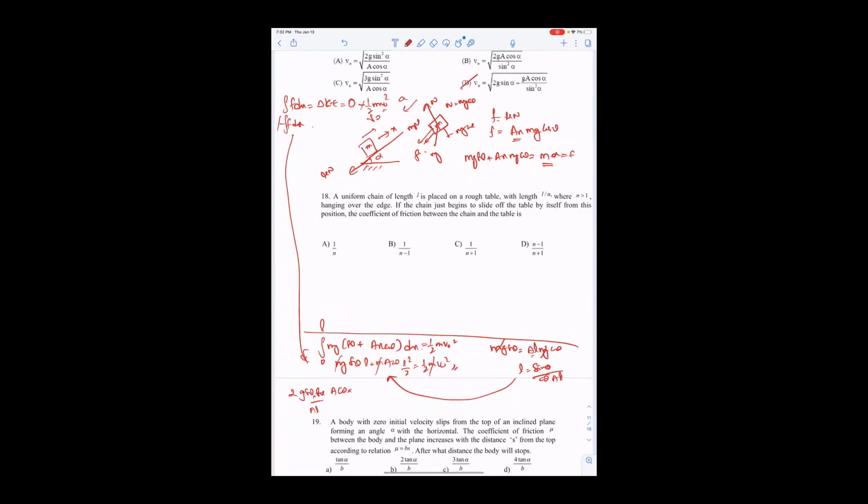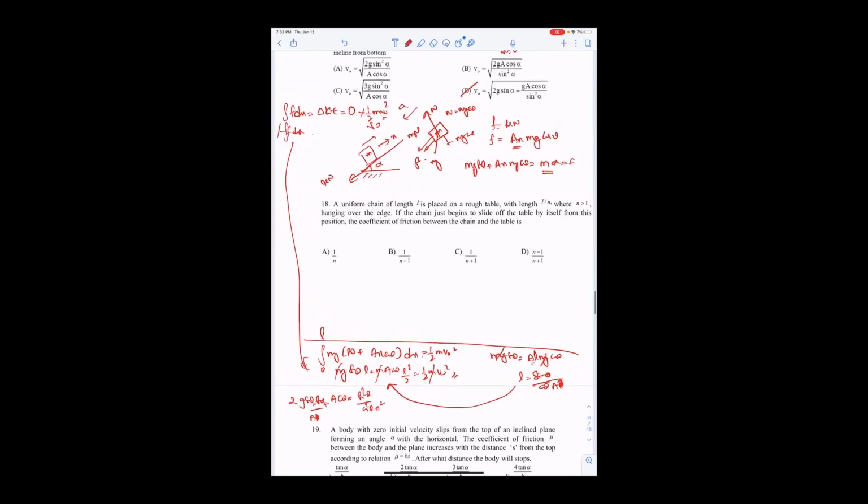Plus A cos theta into sin square theta by cos square theta into A square. How come I'm missing something?